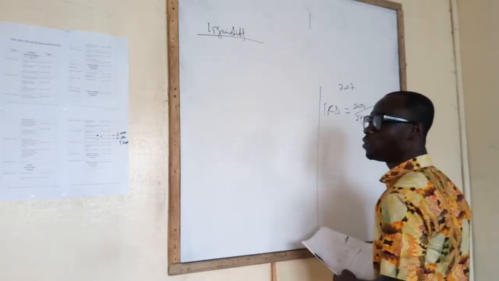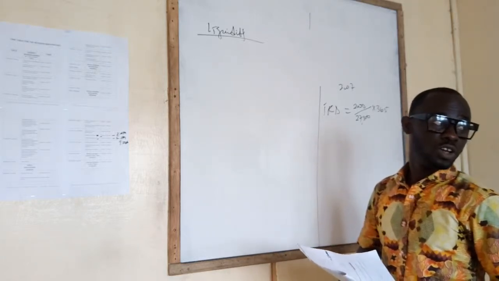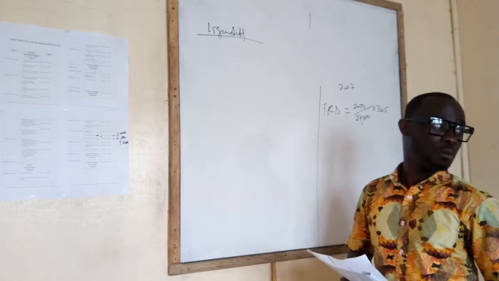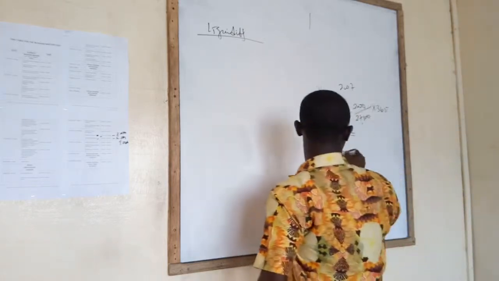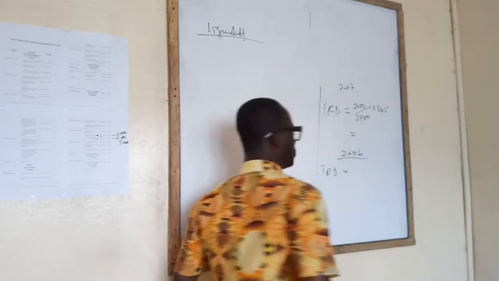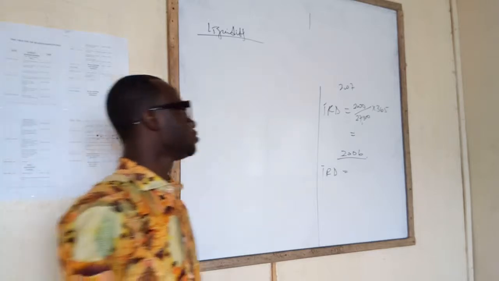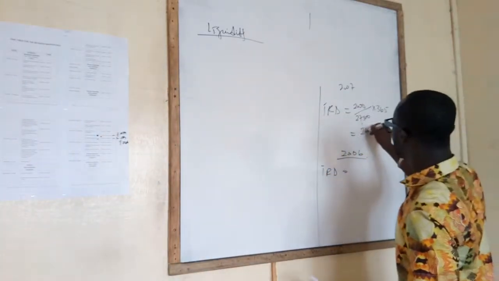Trade receivable days, not payable days. That gives 26 days.